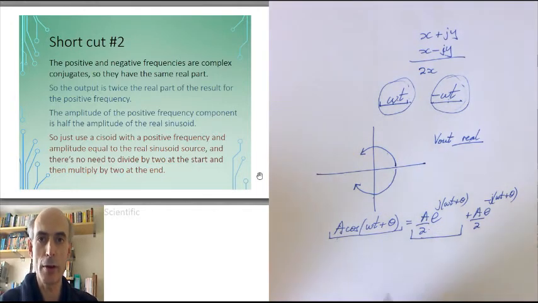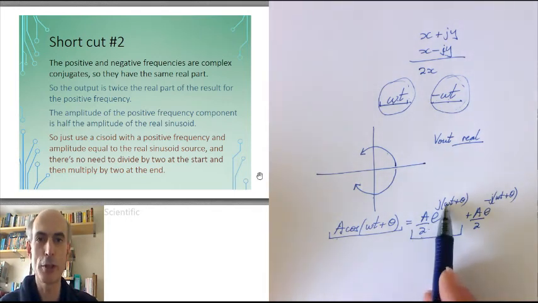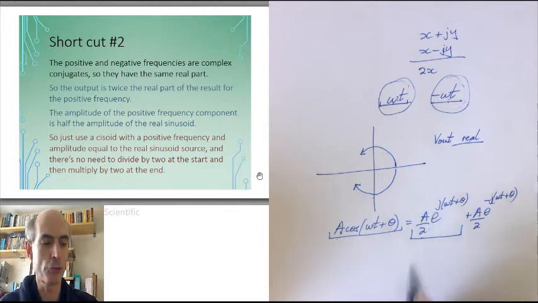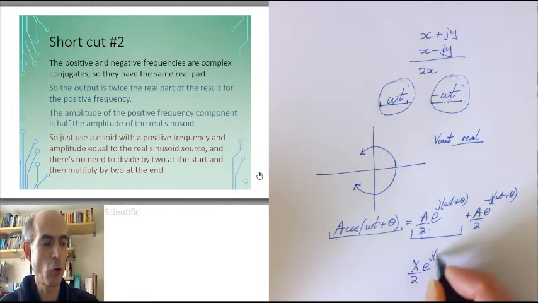Once we've done all our analysis and combined all the results of the positive frequency components of all of the sources, we would end up with, let's call it, x over 2 e to the j(omega t plus theta).